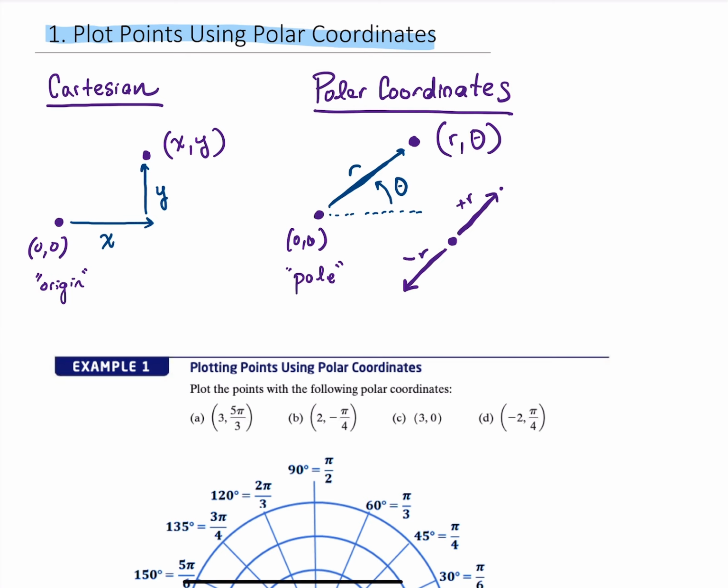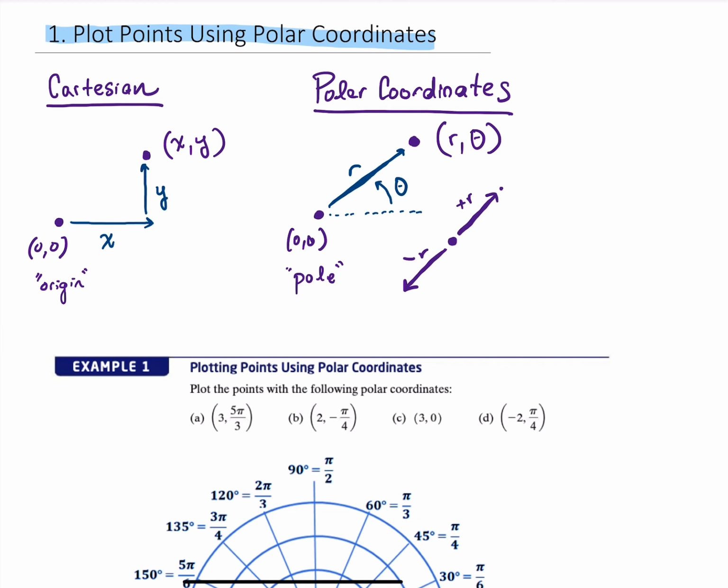So it ends up flipping the point. You can imagine rotating an extra 180 degrees. It would have that same effect. You end up flipping the point across the origin. This will make a bit more sense once we start plotting some specific points. But the main point right now is just that both r and theta can be either positive or negative, and that will inform where our actual point will exist.